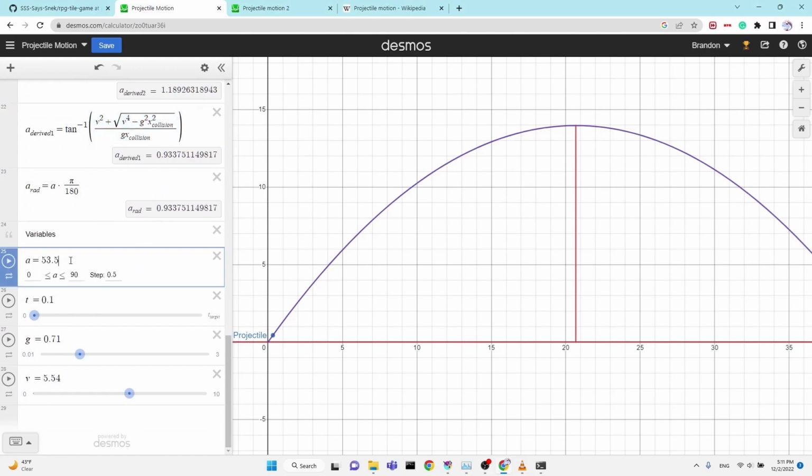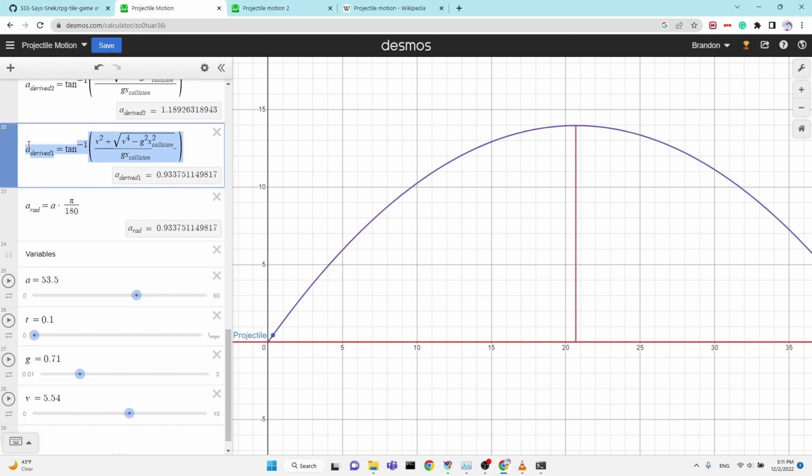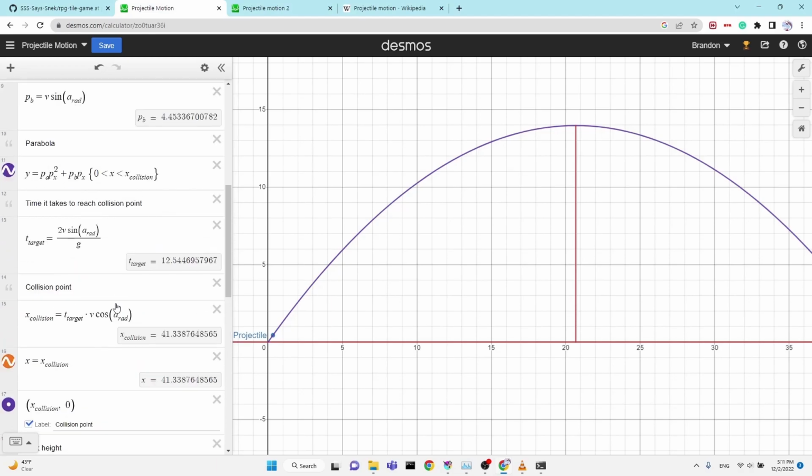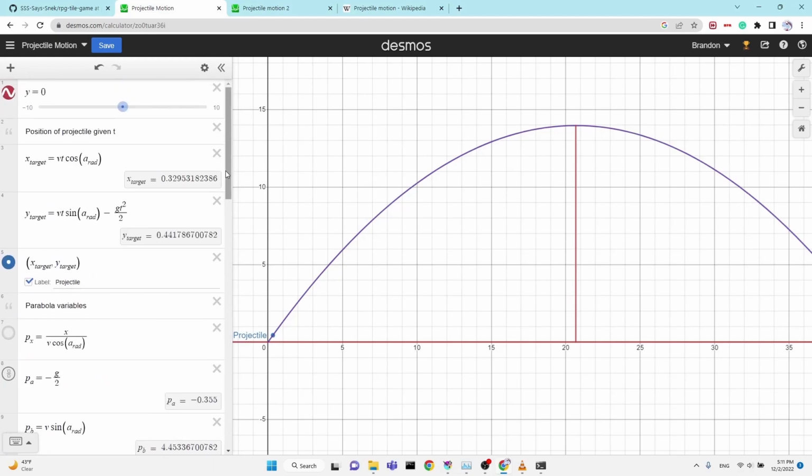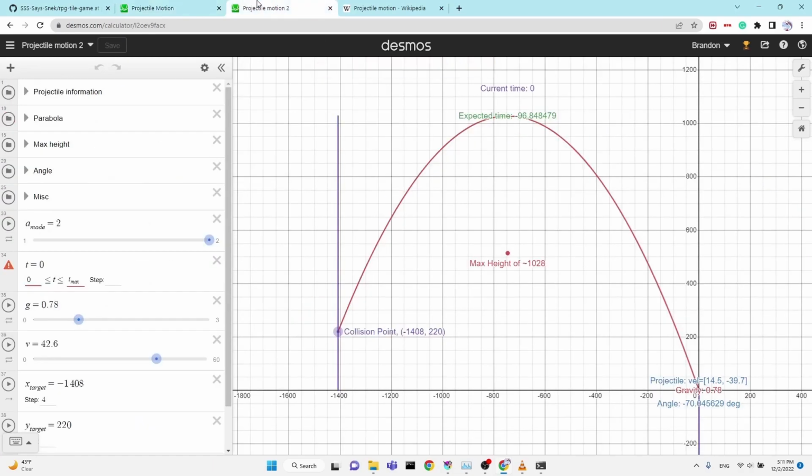We inputted an angle of 53 degrees, and in radian form that's 0.93. But this usage of the formula also gave us 0.93, which means that this formula actually does its job and gives us this angle. Now, that might be a bit hard to explain in this graph, but anyway, I have another graph.